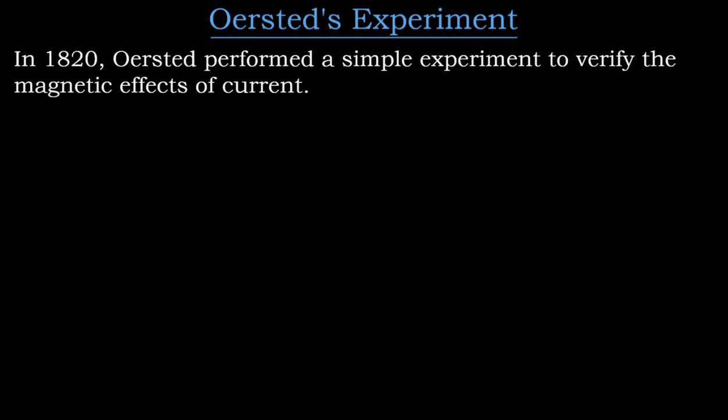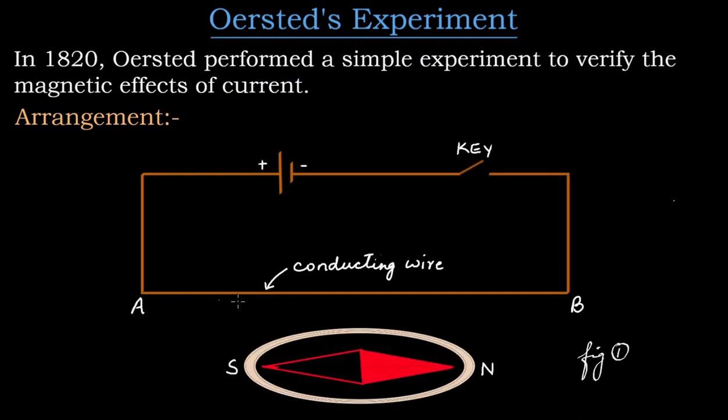Let us discuss this simple experiment of his, the Oersted experiment. This is the simple arrangement of the Oersted experiment. There is a wire AB. The ends of the wire AB are connected to a cell through a key K. And a compass needle is taken.